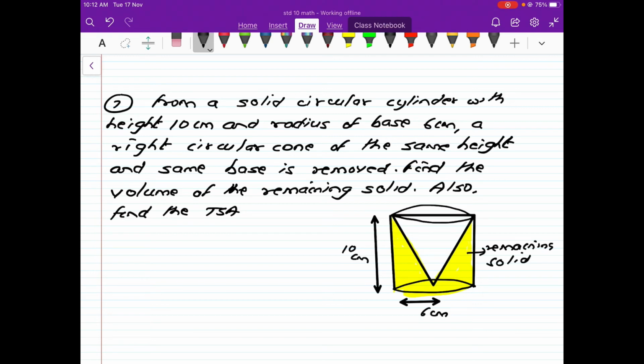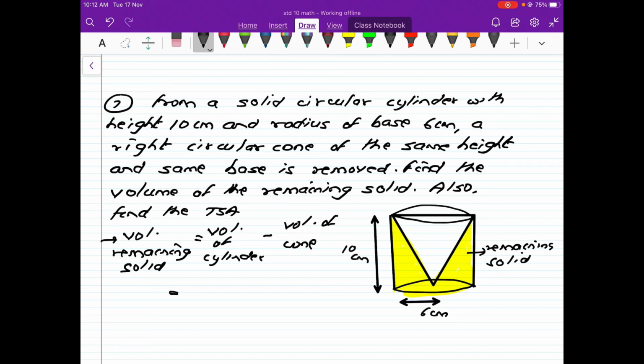So this is how we have to do. So what we should do here is we have to find, so we can write in short the formula. So volume of the remaining solid is equal to the volume of the cylinder minus the volume of the cone.